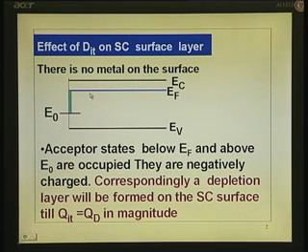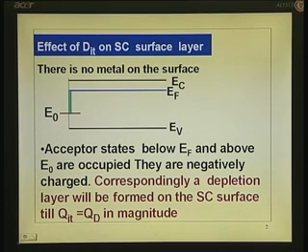Now, once the Fermi level is in this position, all the levels below the Fermi level will be occupied. I have just marked with color the region between EF and E naught, just to tell you that those are the acceptor levels which have been occupied by electrons. When an acceptor level is occupied by electrons, the charge is negative.